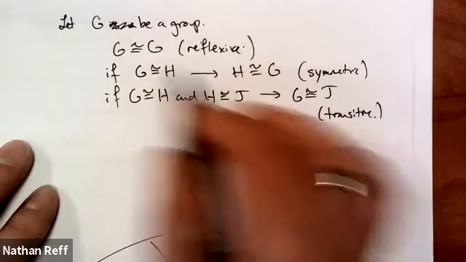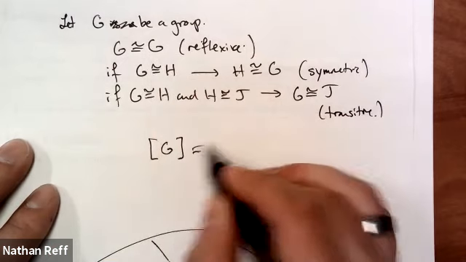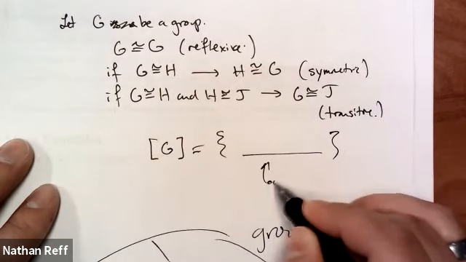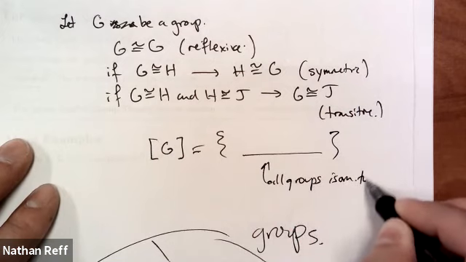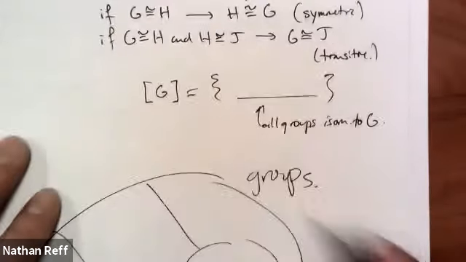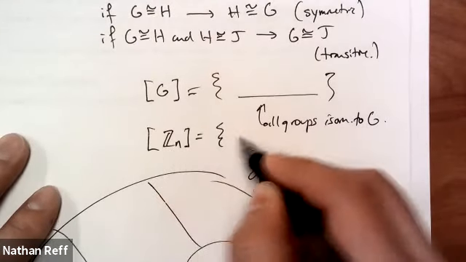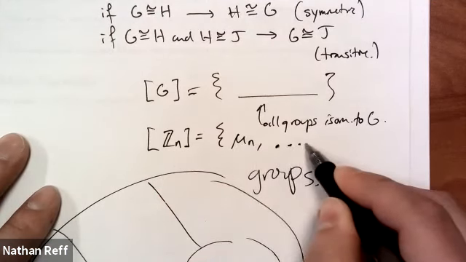So if you looked at the equivalence class of a group, it would contain all groups isomorphic to G. So in particular, if you had Zn in here, you would have mu n, and lots of other things.